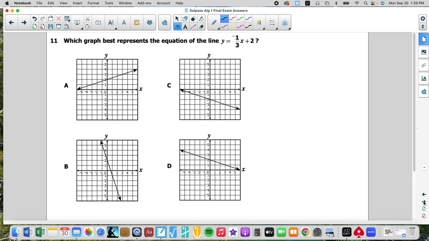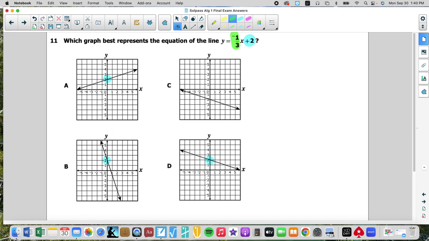Which graph best represents the equation of the line? Oh, we got a lot of these. So I have a y-intercept of 2. So not C, maybe, maybe, maybe. So we know it's definitely not C. And then a slope of -1/3. That's down 1, right 3.